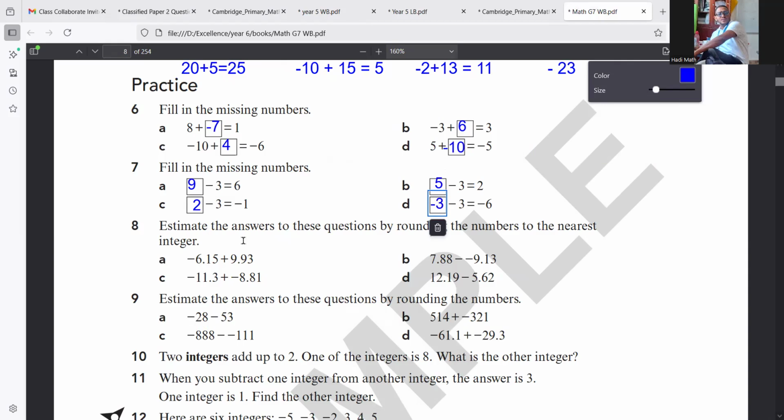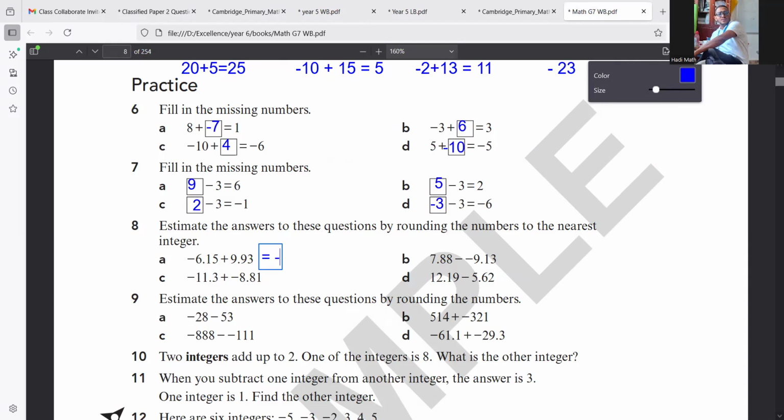They ask you to estimate the answers to these questions by rounding to the nearest integer. Nearest integer means the nearest whole number, like no decimal point.